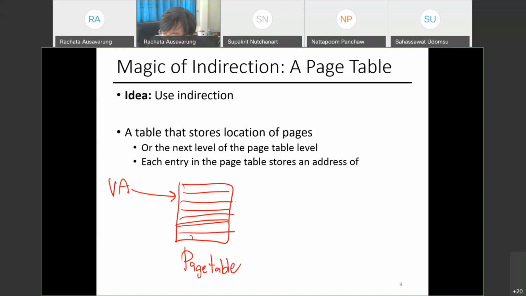So let's say you have this, we call this a page table entry. Each thing in here is called a page table entry. This would point to a physical page.